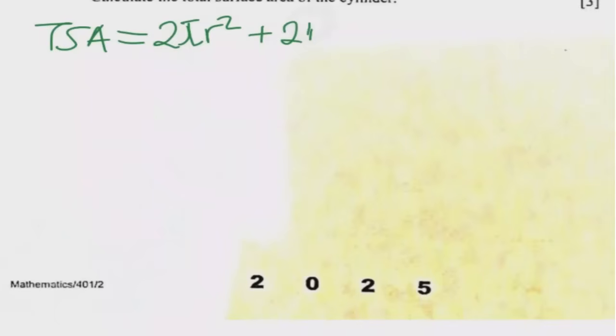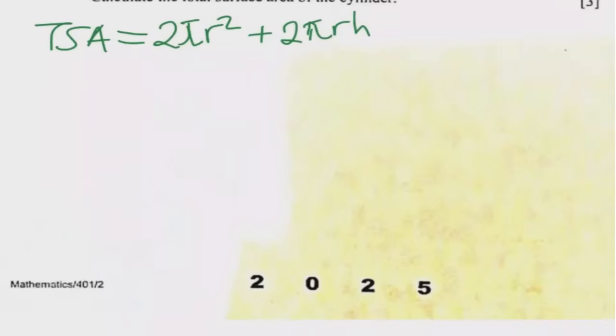What we need to understand is that the total surface area of a cylinder is equal to 2 pi r squared plus 2 pi rh.